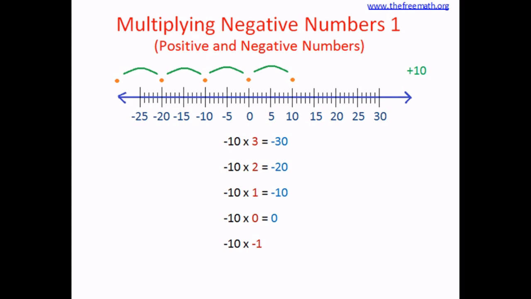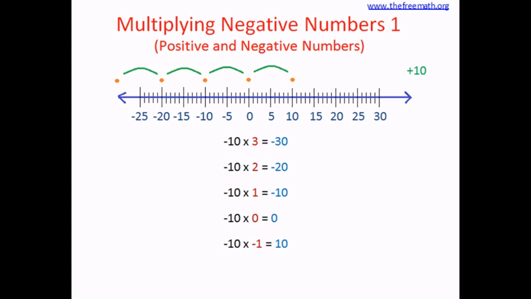So 10 places right of 0 is 10. That means the product here is 10 or positive 10. No sign means positive sign. Do you see what happens? When you multiply negative 10 by negative 1, the answer is positive 10.